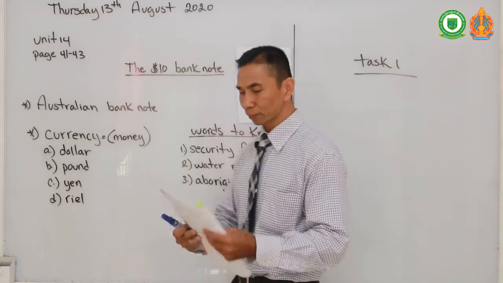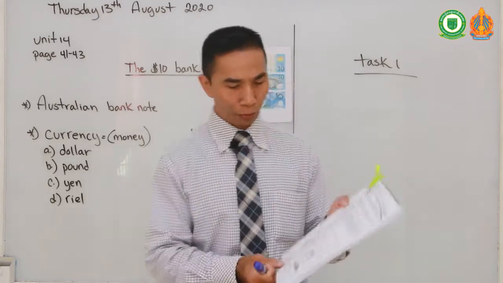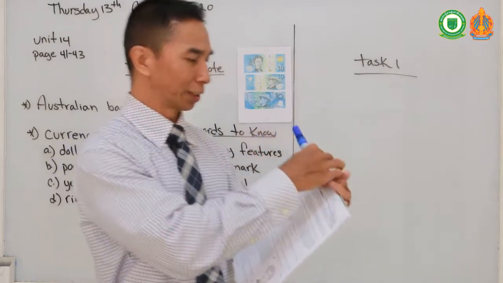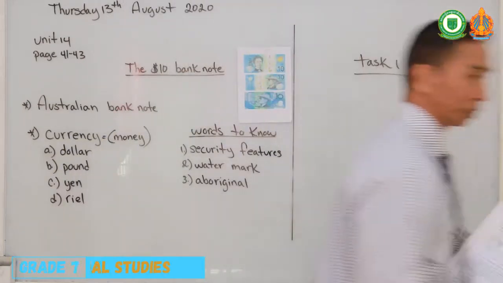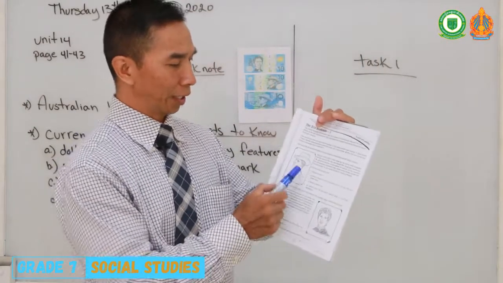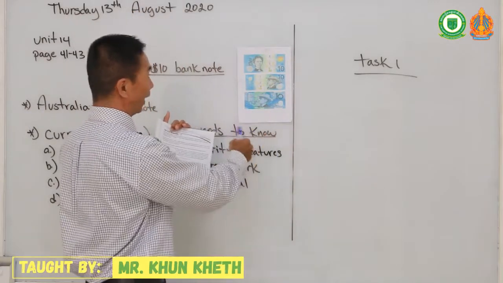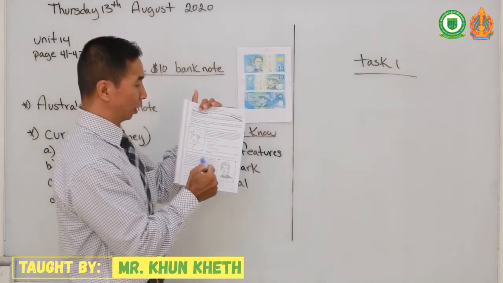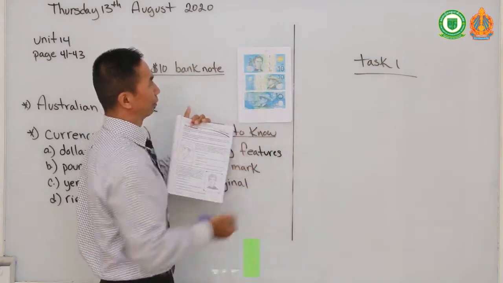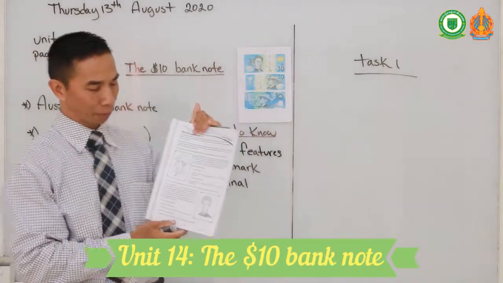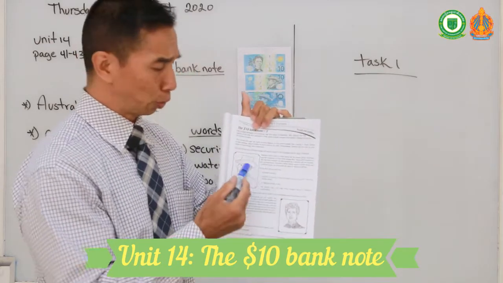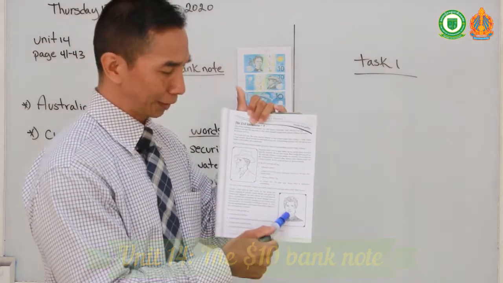Okay, our reading today on page 41 talks about the $10 banknote from Australia. On the banknote, I have a portrait of this individual, and on the back of the $10 Australian money is a portrait of this lady right here. In your reading, you will find out who this gentleman is and who this lady is.